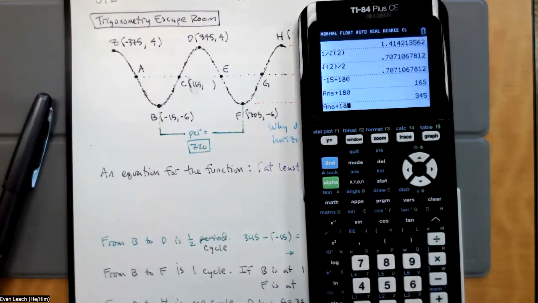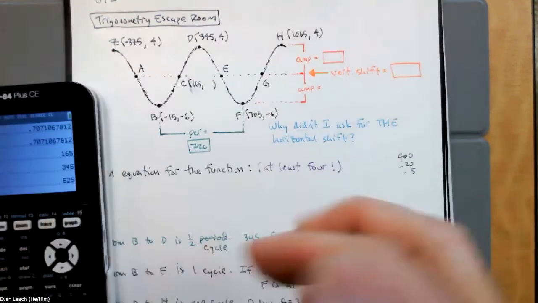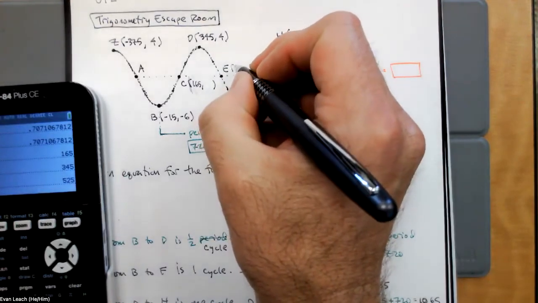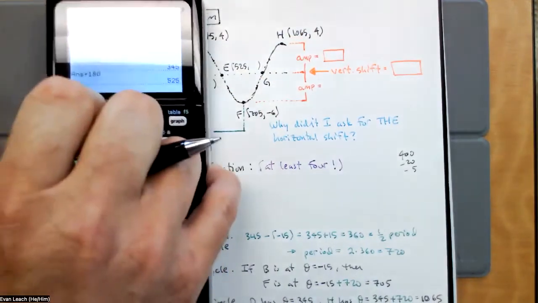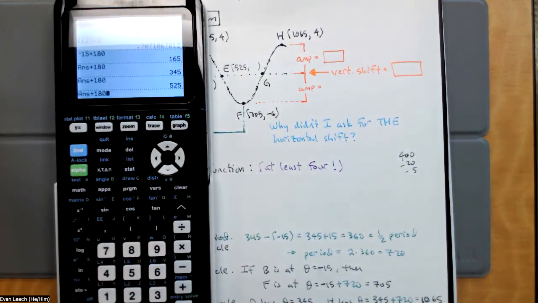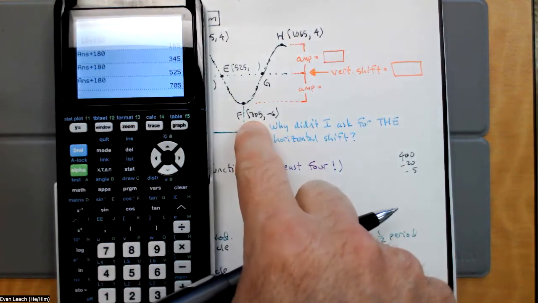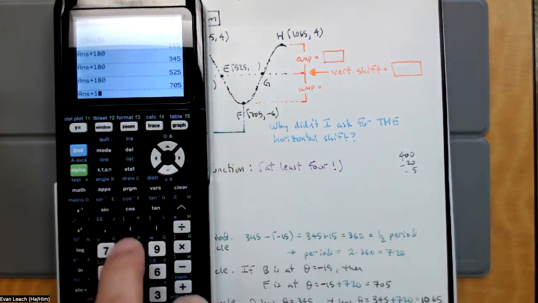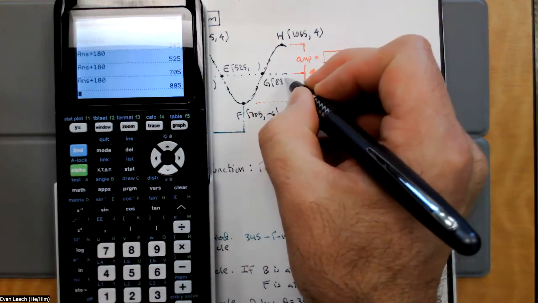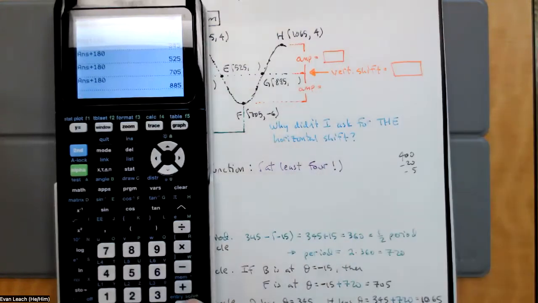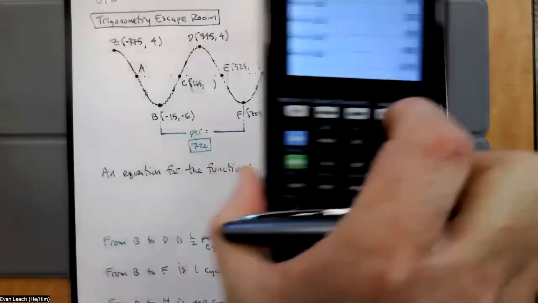If we add 180 again, we'll be at 525, and that's where we're going to find E. We'll be able to check by adding 180 again, and that puts us at 705 for F. That checks out. If we add 180 again, that'll put us at 885 for G. And if we add 180 again, that'll put us at 1065 for H. So right now, everything is checking out.